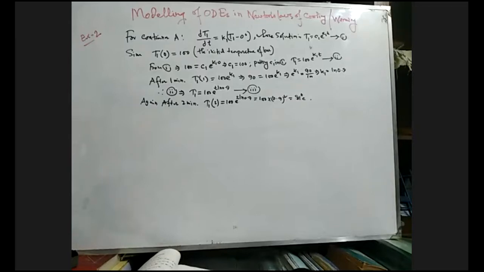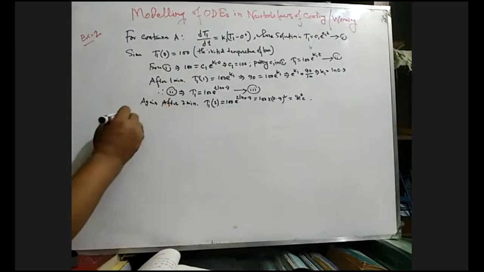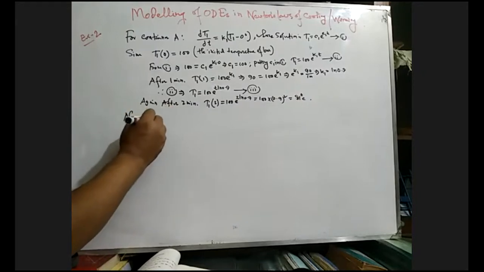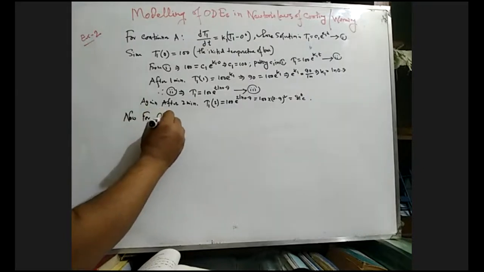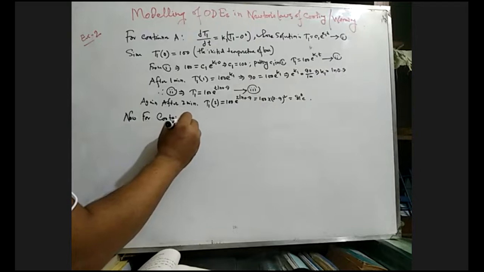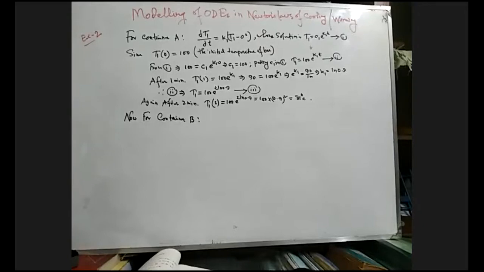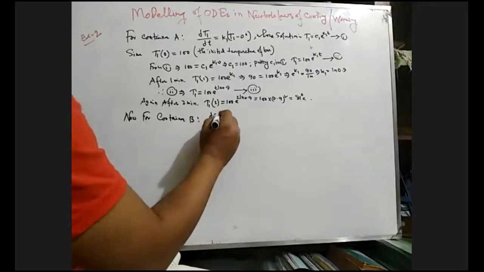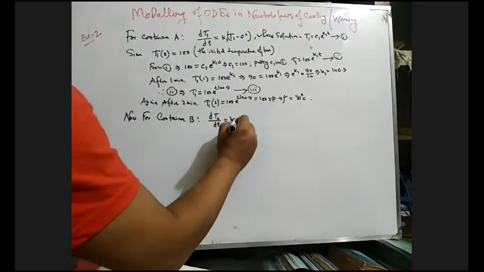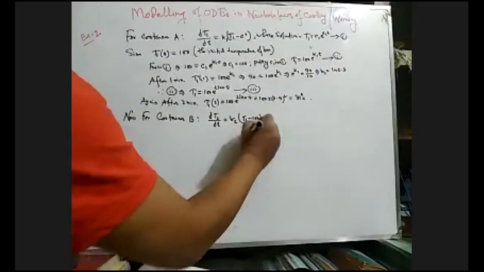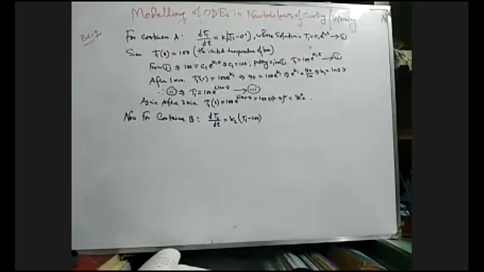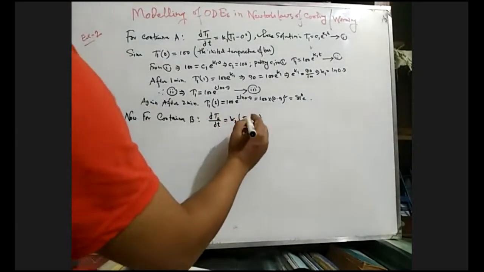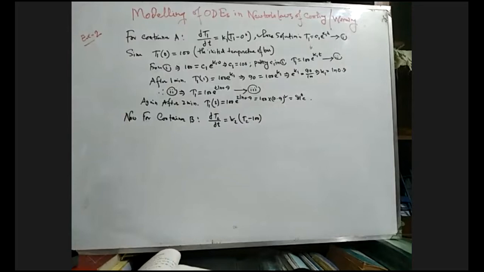So now the differential equation for container B. For container B, the differential equation will be similarly dT2/dt equals k2 (T2 minus 100), because the initial temperature in container B was 100, and this will be T2, not T1, since it is the second container.